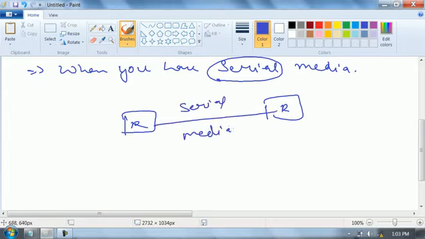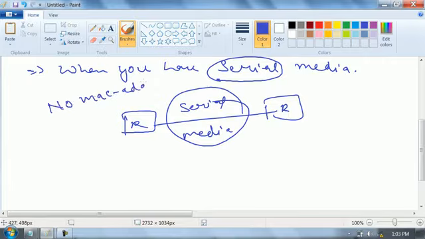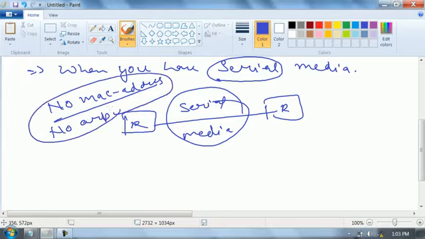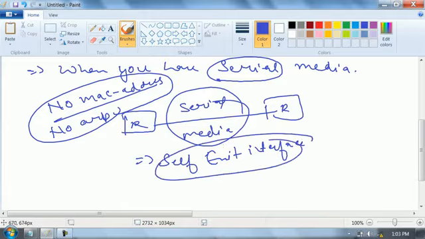On serial media there are no MAC addresses. No MAC addresses means no ARP. Agree? In this case, what can you use? Self exit interface. This thing is clear? And in this case, there will be no problem because R1 will never generate ARP for R2. So there will be no problem.